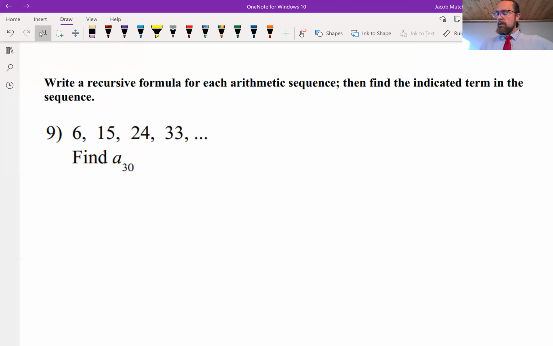So let's give ourselves a template for the recursive formula. This is a recursive formula template. And again, this is specifically for an arithmetic sequence. And that template would look as follows.